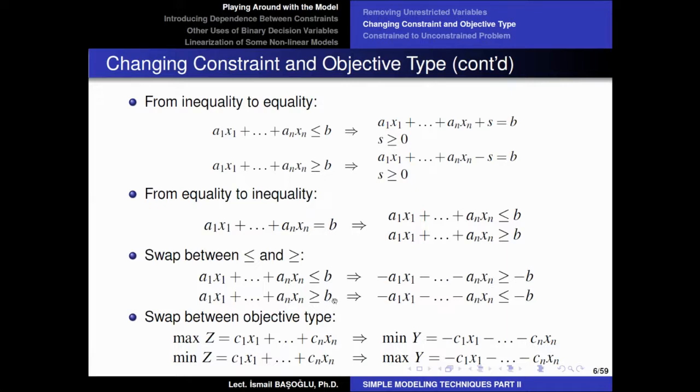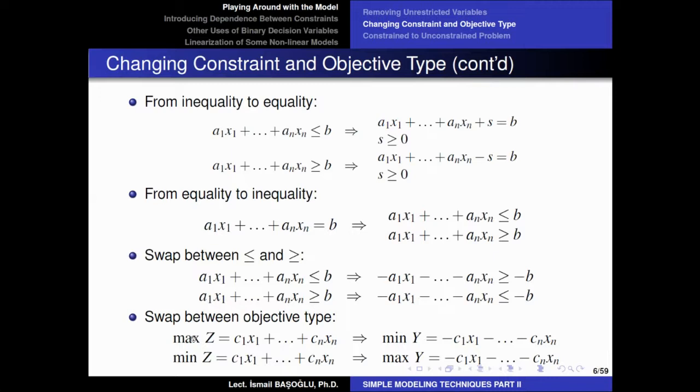You can do vice versa if you have a greater than or equal to sign and want to swap it with a less than or equal to sign: multiply both sides of the inequality with -1, and do not forget to swap the sign of the inequality to the other way.